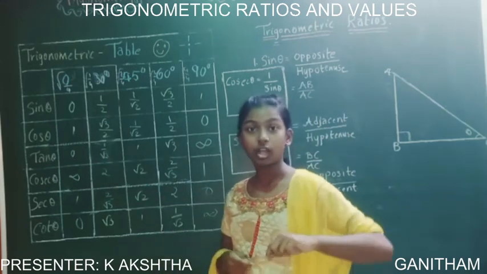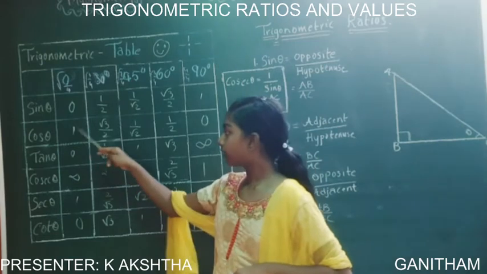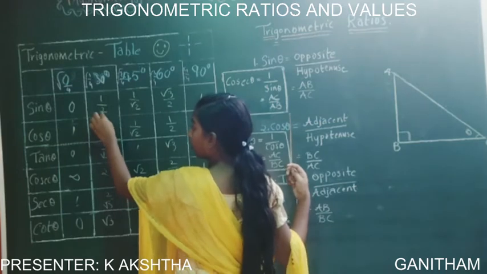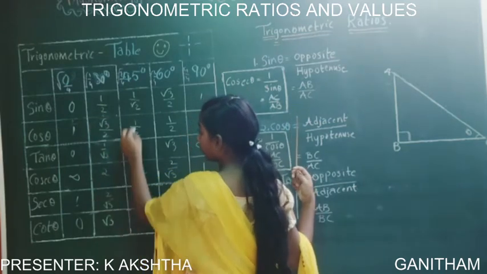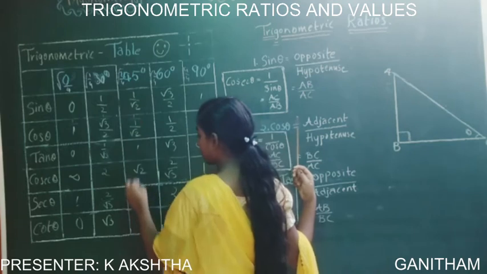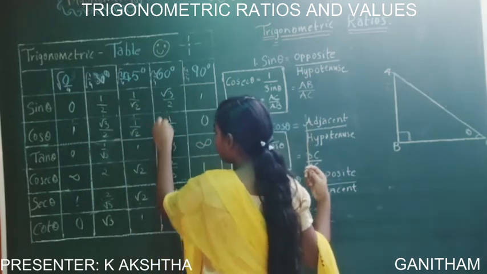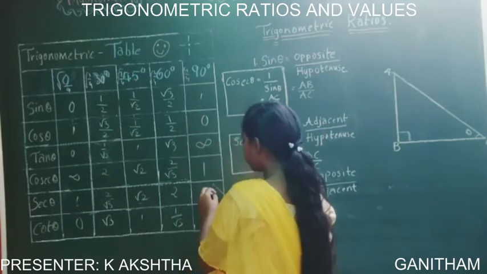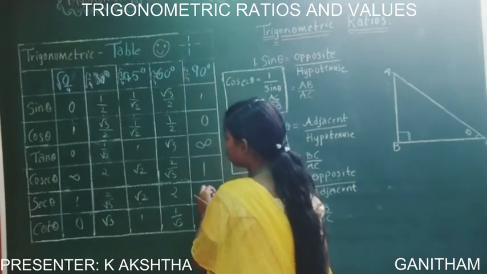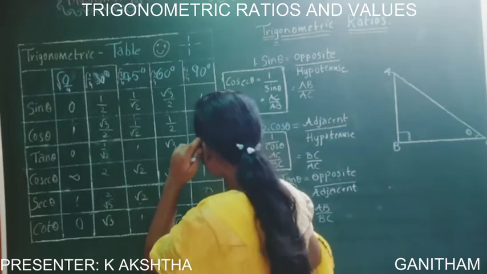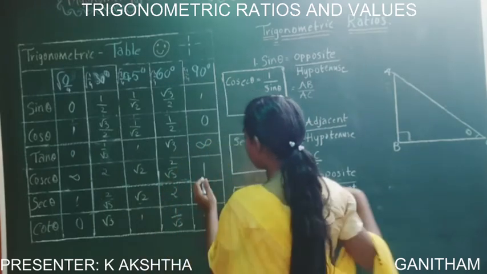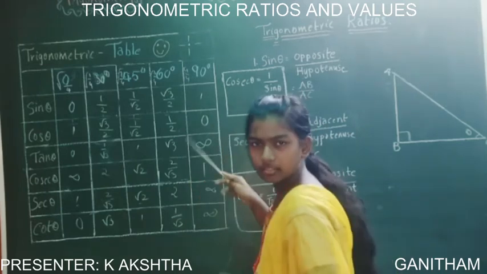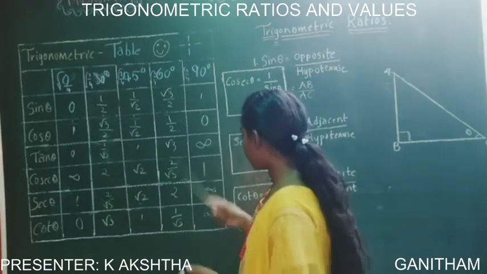So what do we do here? 1 by 1 is 1, 2 goes upwards, 2 by root 3, 1 by 1 by root 2, root 2 goes upwards, we get root 2, 1 by 1 by 2 is 2, and if we keep 1 by 0, we will get infinite, right? 1 by 0 is infinite, we already know that.